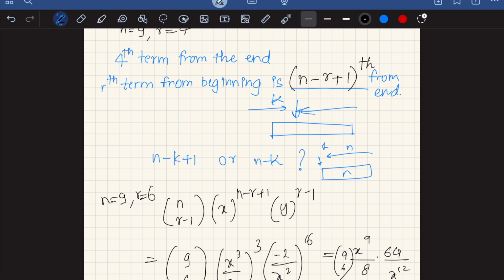Okay, I'm not expanding it further, but if you want, you can do it and see what the number is. But I'll leave it there. If there are any questions about any point here, then let me know.